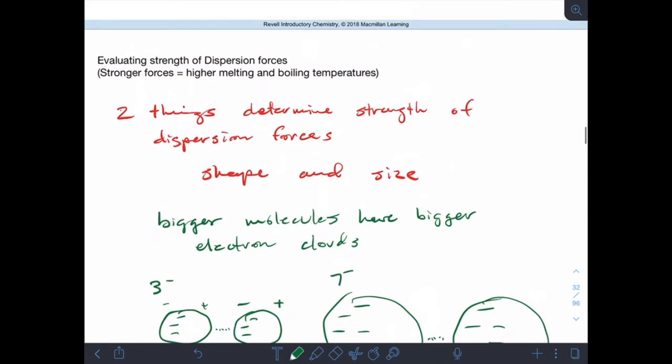Okay, so now here's the important thing, is that stronger forces, up here on the upper left, mean higher melting points and higher boiling points. So greater temperatures to melt things, greater temperatures to boil things. And you can think about it in terms of what happens to the molecules when you boil something. It's an easy one to imagine.